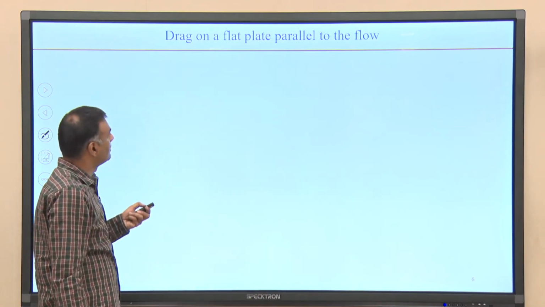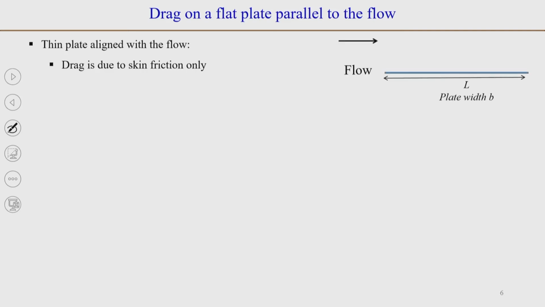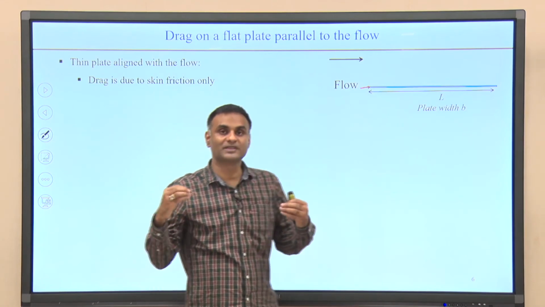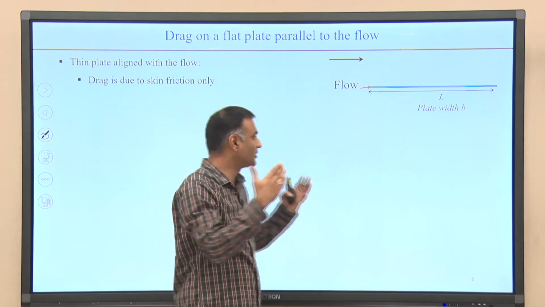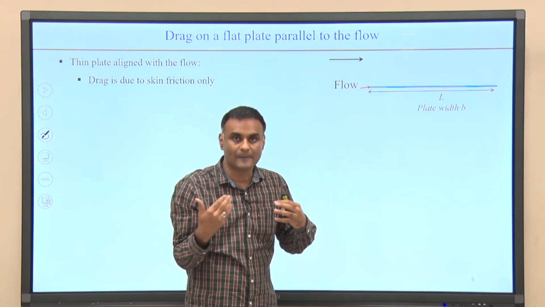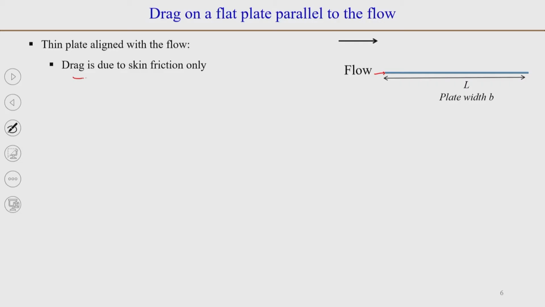If you have a flat plate parallel to the flow, in this case, because the plate is very thin, the frontal area is actually negligible, and the drag because of pressure will be negligible, because the pressure forces along the x direction will be 0. So, this is one such case where the drag is only due to skin friction.